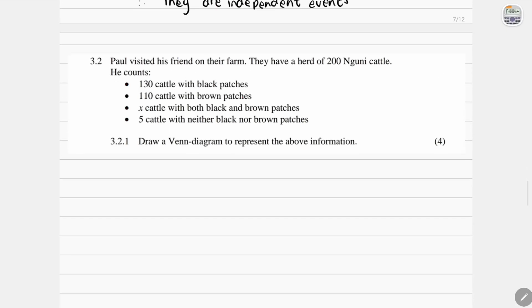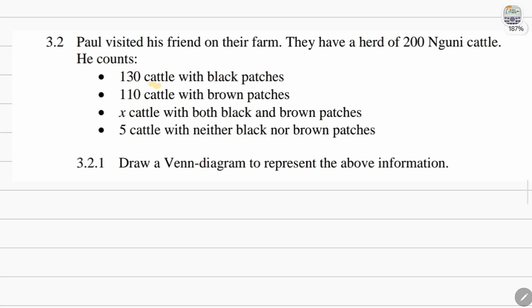Question 3.2 says, Paul visited his friend on their farm. They have a herd of 200 Nguni cattle, and he counts 130 cattle with black patches, 110 with brown patches, and X cattle with both black and brown patches.